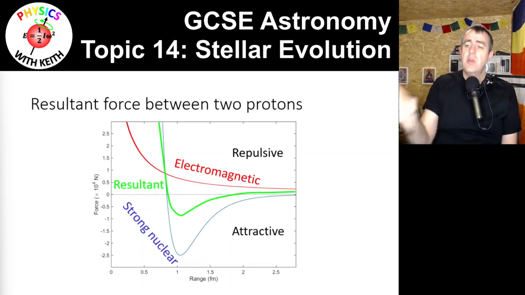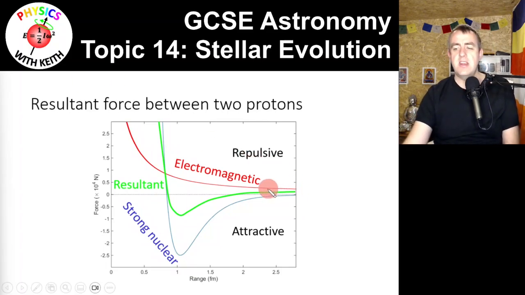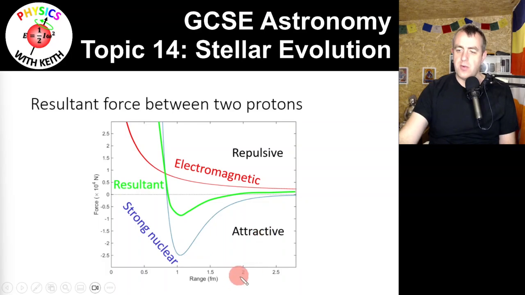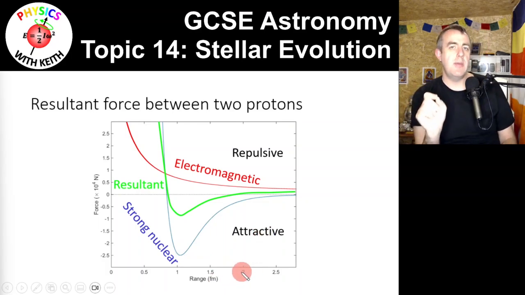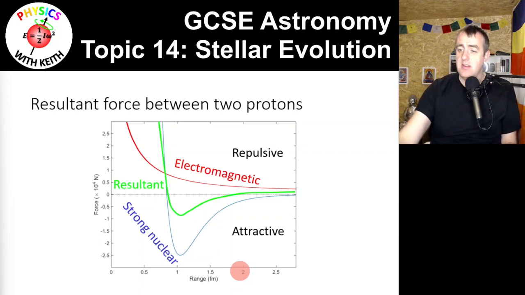So I'm showing you a graph here. And if we just look at this red part here where my cursor is currently tracing, this is showing the electromagnetic force as a function of the range between two protons. So when the two protons are about 2 femtometers apart, that's 2 times 10 to the negative 15 meters apart. That's very, very close together indeed.